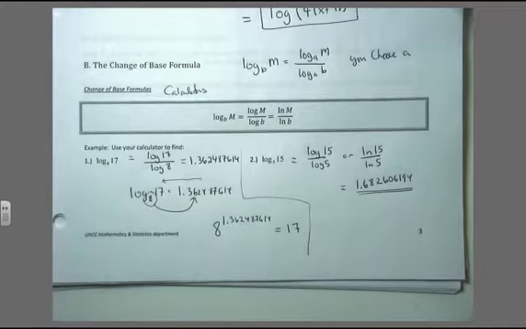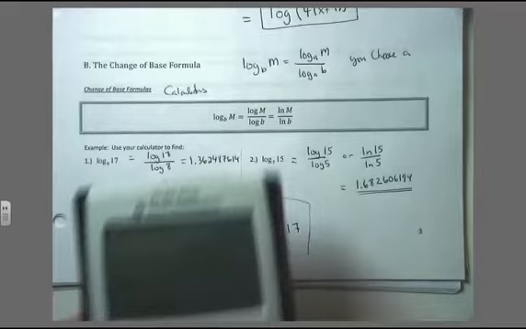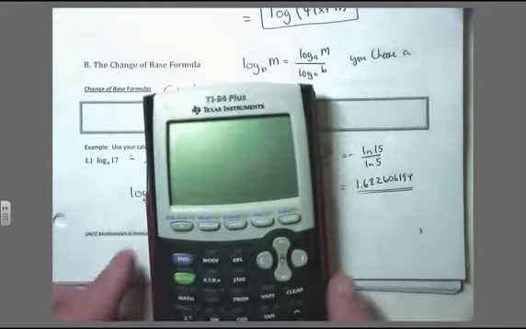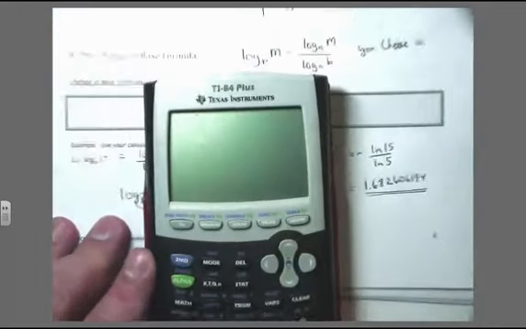Now, I want to show you guys something if I can find it. I'm looking for it on my calculator here. All right. You'll see why I'm doing it so slowly here. I have the new operating system on the TI-84, which most of you guys have.